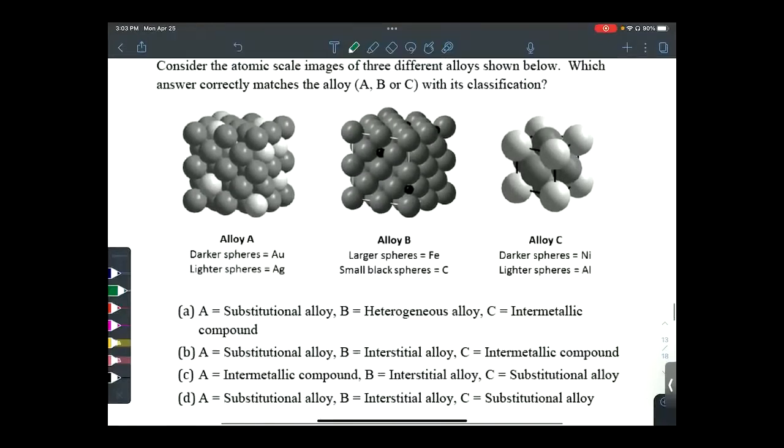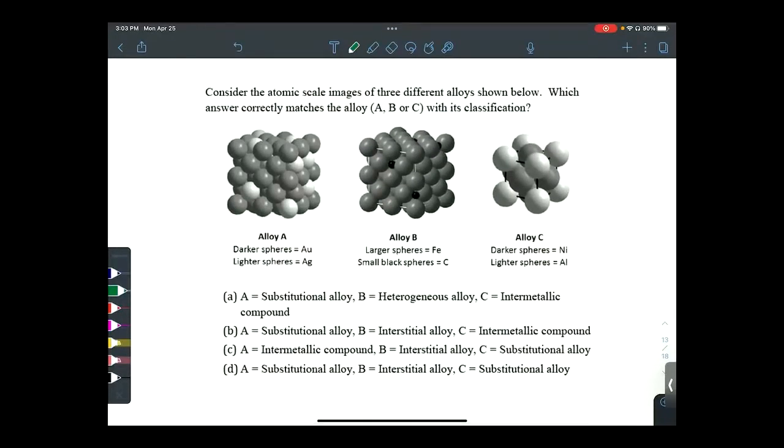Okay, how about these pictures? These are other depictions of solids. These are alloys. So, you can think about packing the same atom over and over in a crystal structure, and that is a pure substance. But we can also have alloys where we have different elements present.